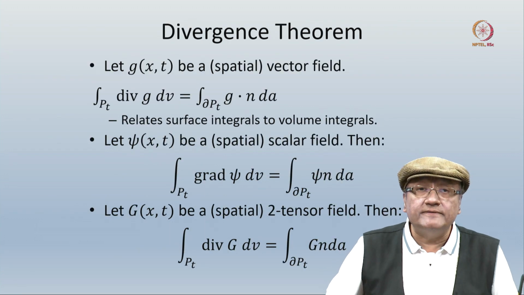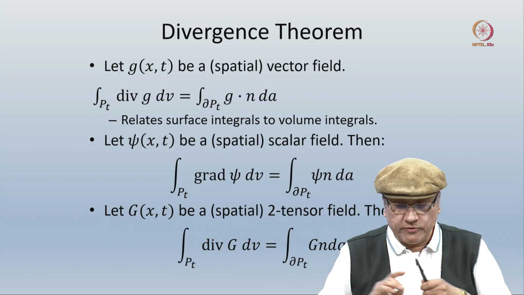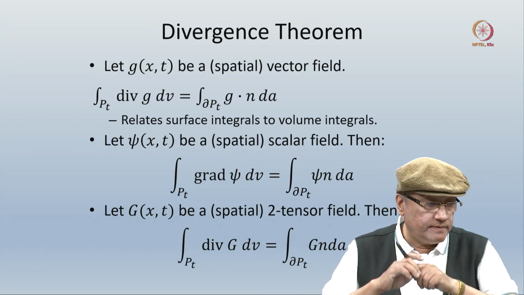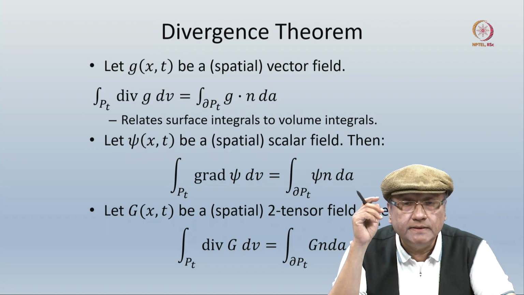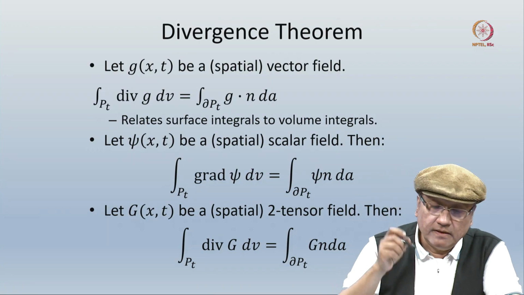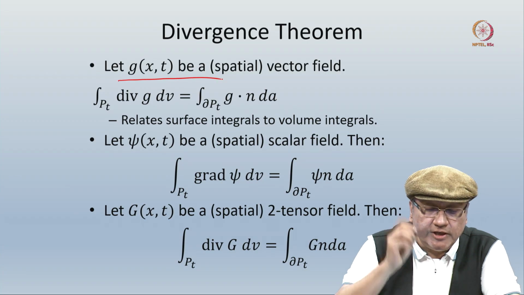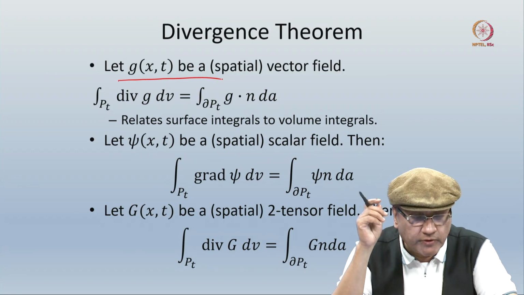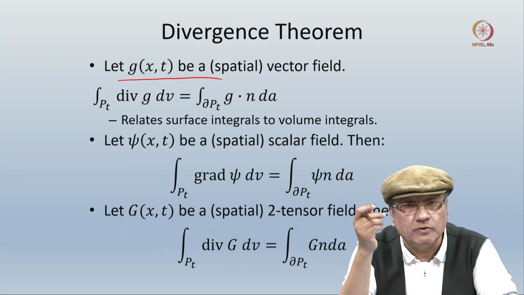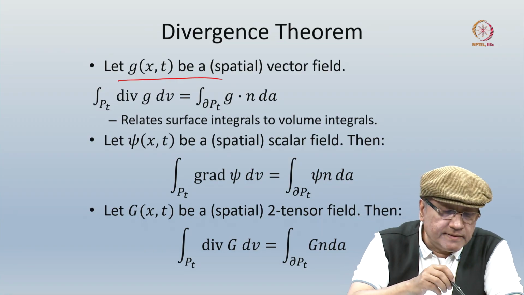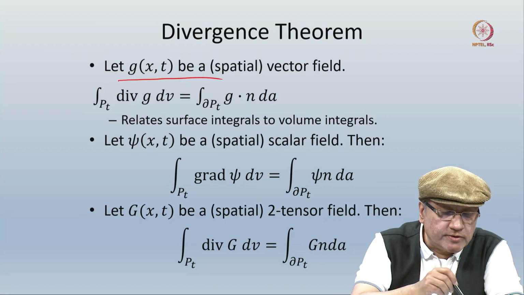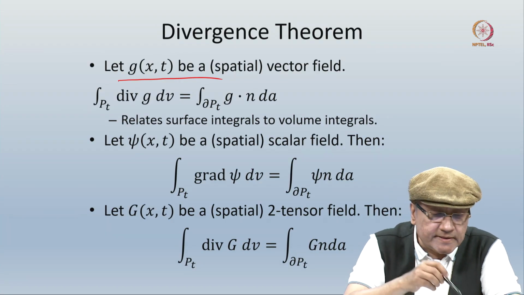Now we come to the divergence theorem, which is also extremely useful in deriving the local form of the force balance. So again let us consider that G is a spatial vector field, okay, that means it is written in terms of the spatial coordinates x and time. Now consider the divergence of G, its integral over Pt, which is a volume integral.